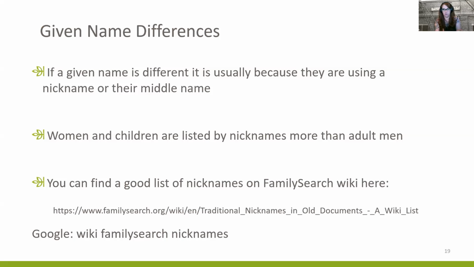Once you're there, you can just do a Control F to find and type in whatever, Margaret, and keep hitting enter, and it'll show you all the nicknames for Margaret. And then you can use that for your searches, or at least if you're familiar with what the nicknames are, when you're reviewing your search results, it'll stand out to you because you'll be like, oh yeah, I saw that, and it'll register and you'll know to click on it and look at that document.